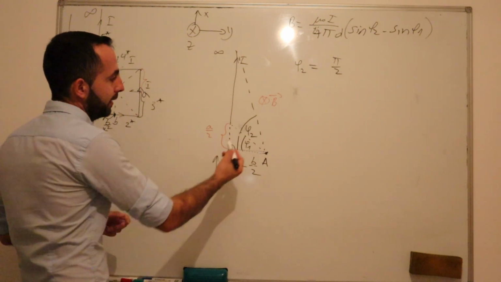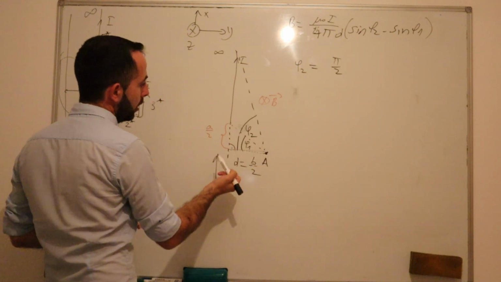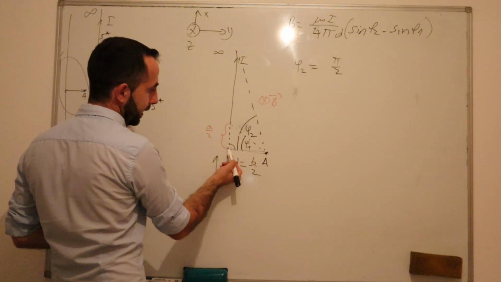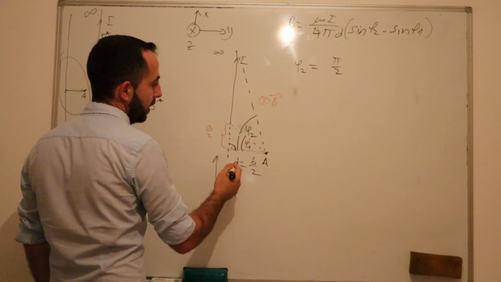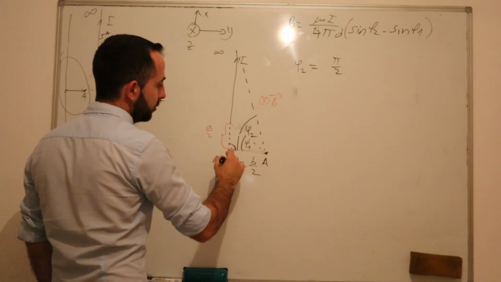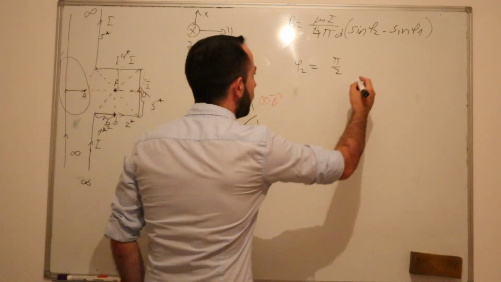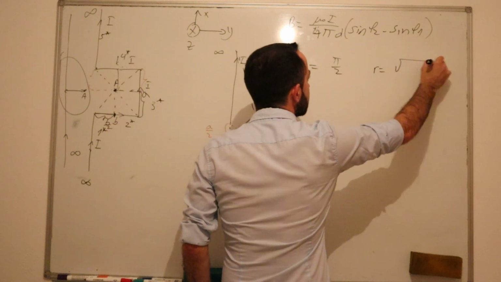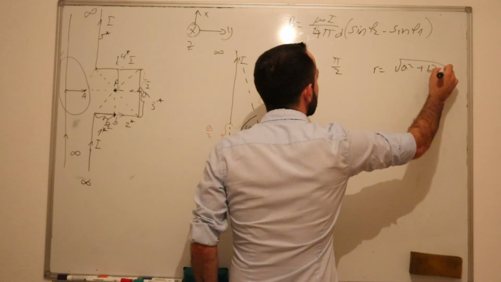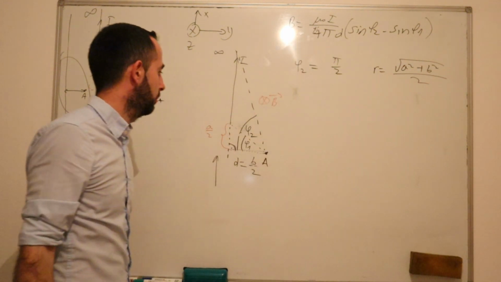In order to calculate the sine of this, we have this cathode of our right triangle. We need the hypotenuse because we have both catheters. The hypotenuse will have the same value as previously, divided by 2.